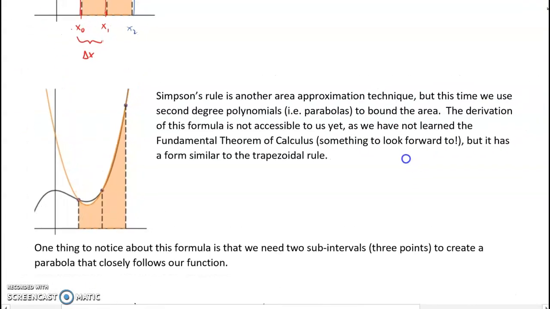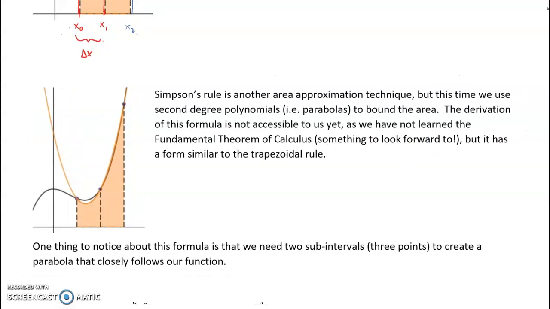So what we're going to do is, this is the same function, f of x. And these are the same intervals, x0 to x1 and x1 to x2. And we're going to pick these same points on the curve, but instead of using lines to connect them, we're going to use a single parabola that goes through all 3 points.